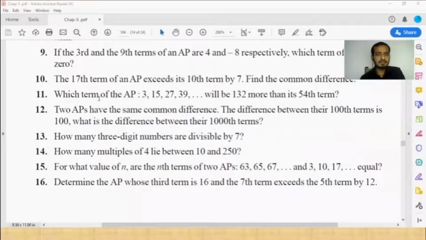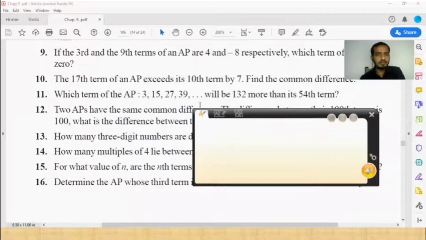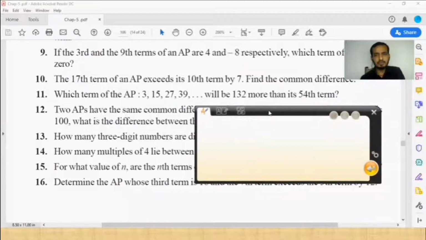And next question, the 11th question. Which term of the arithmetic progression will be 132 more than the 54th term? Let A_N be the term which is 132 more than the 54th term.